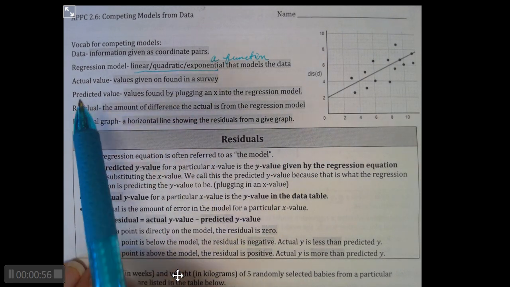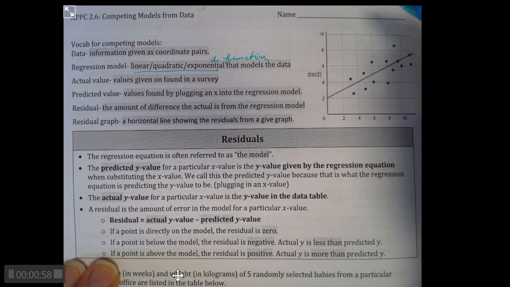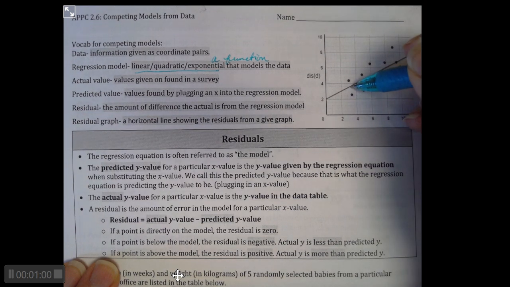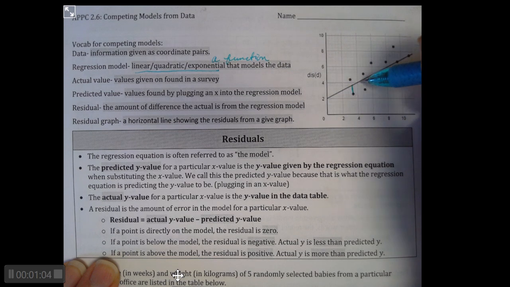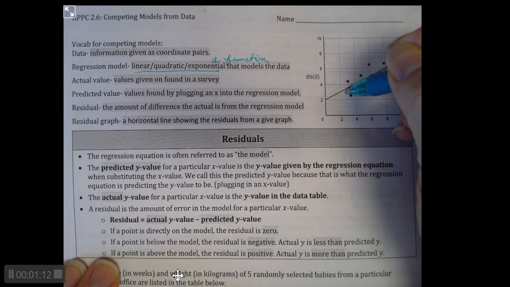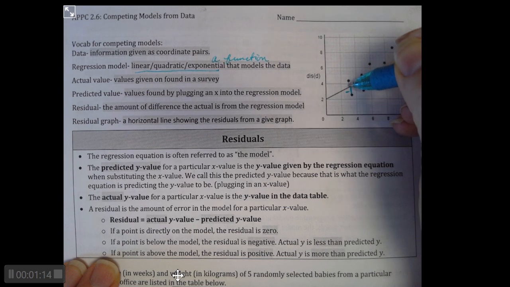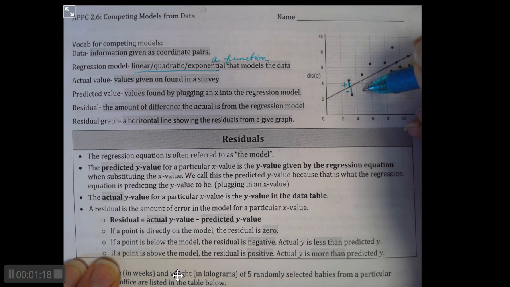That's predicted. Residual, this is something that's probably new to you, but residual is the distance an actual point is from our function of regression. This needs to be our line of regression for this one. This will be a negative residual, this will be a positive residual, and so on.